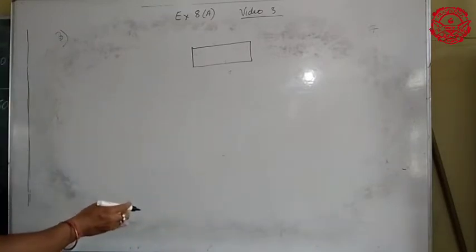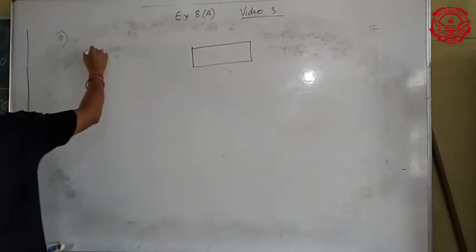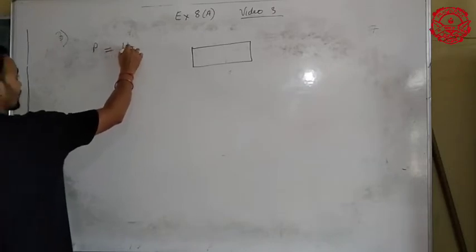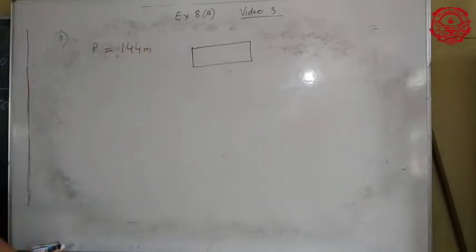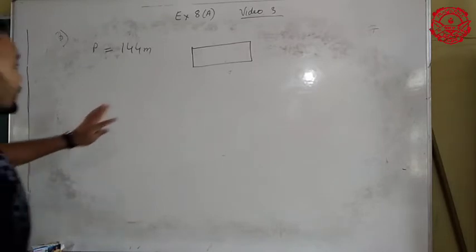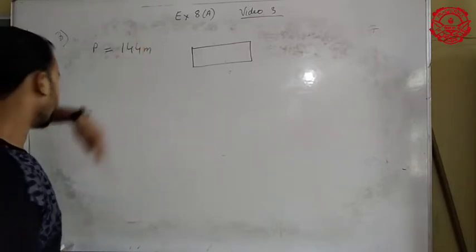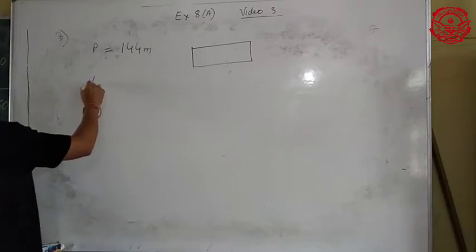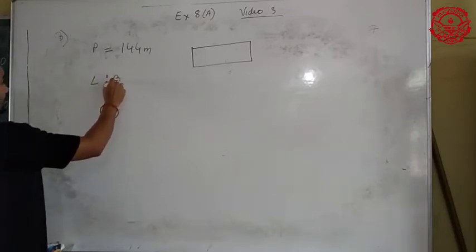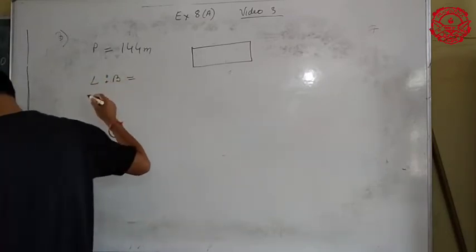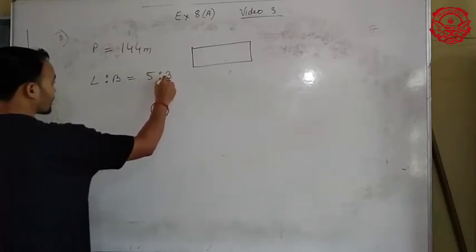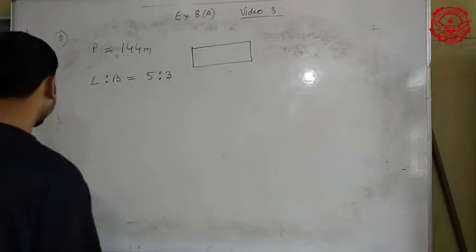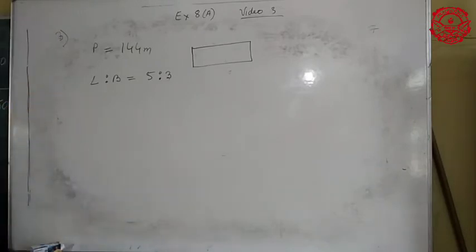They say the perimeter of this rectangle is 144 meter, and they are not mentioning the length and breadth, but they are giving a ratio. The ratio of length is to breadth is equal to 5:3.